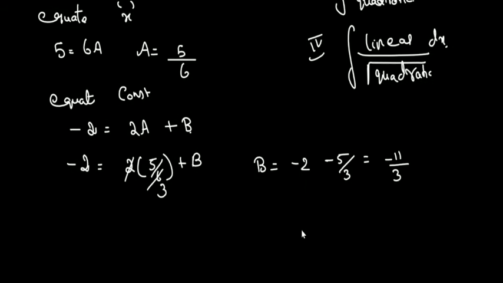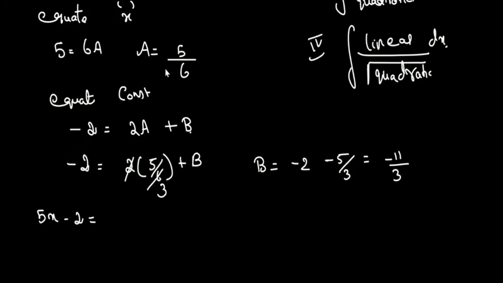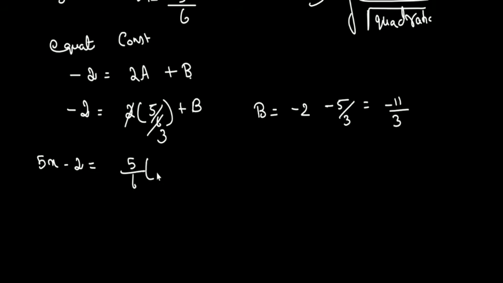So now you write 5x minus 2 as a into (6x plus 2) plus b, where a is 5 by 6 and b is minus 11 by 3.